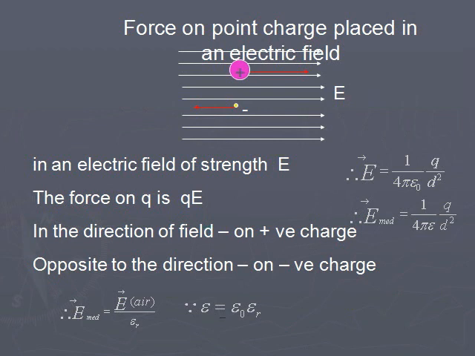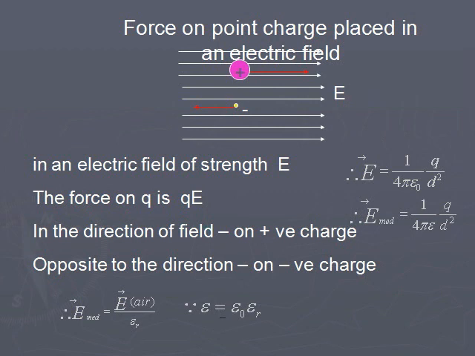And we have derived the relation for electric field strength at a point as E bar equals 1 by 4 pi epsilon naught Q by d square. This is in vacuum or air.